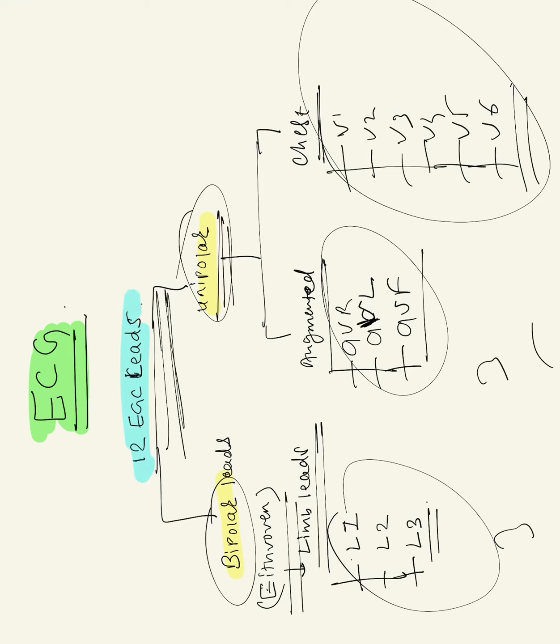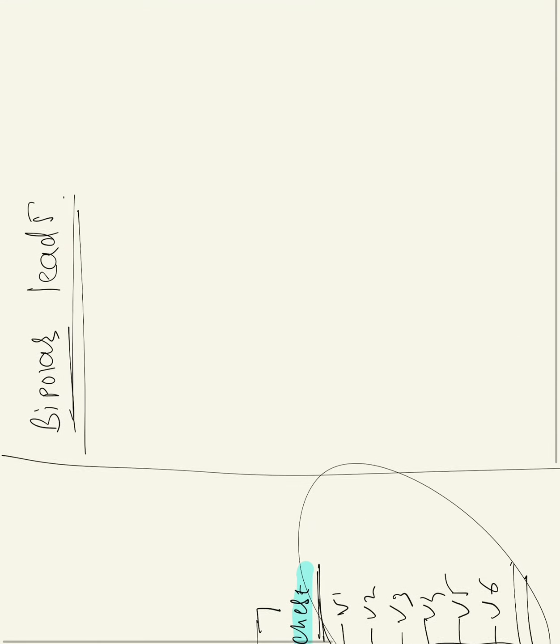These are the bipolar and unipolar. In the bipolar, limb leads are present. In the unipolar, augmented and chest leads. Limb leads are L1, L2, L3. Augmented leads are AVR, AVL, AVF. Chest leads are V1, V2, V3, V4, V5, V6. So these are the 12 ECG leads.